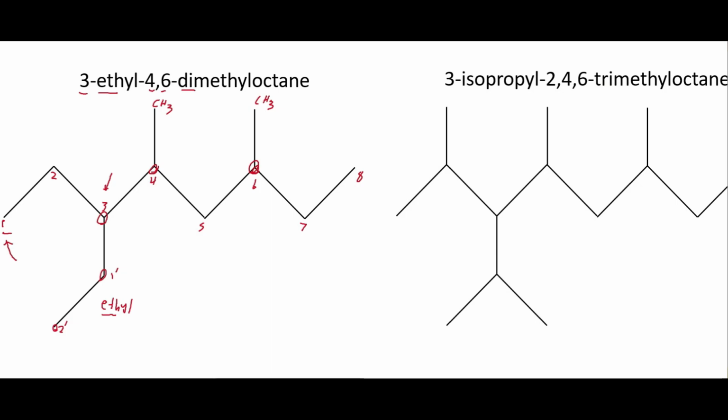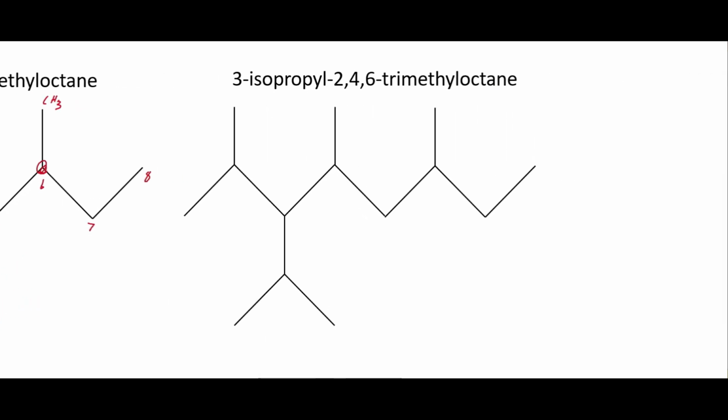And then over here, this is just a little bit different. So now we have 3-isopropyl, and so instead of having just an ethyl group here, we now have this isopropyl group here, and it is on the 1, 2, 3rd carbon right there. So it's 3-isopropyl.